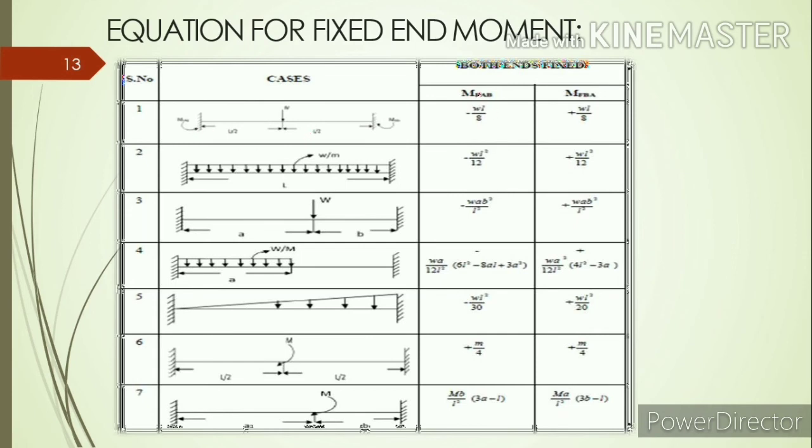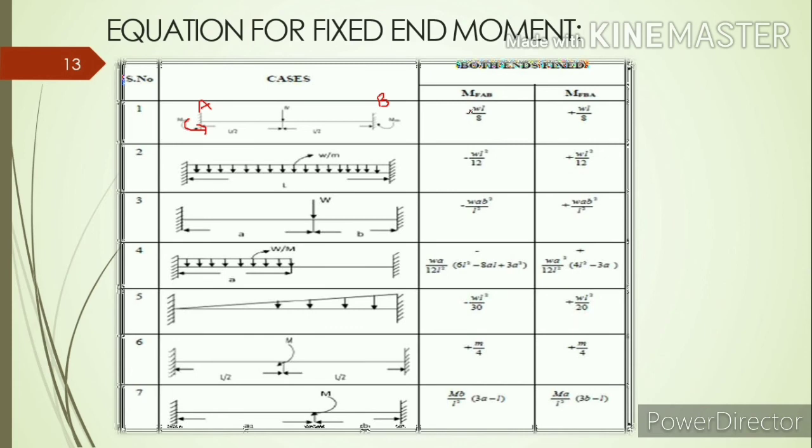First, M of AB, that is, both ends are fixed and the moments correspond to A and B. The left support is A and the right support is B. M of AB means the fixed moment along the member AB, which is in the anti-clockwise direction. Anti-clockwise moments are taken as negative.